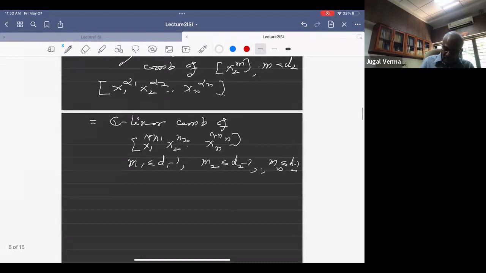So therefore, R mod I is a finite dimensional complex vector space. So the dimension of R mod I as a complex vector space is finite. In fact, it is less than or equal to d1 times d2 and so on, since m1 varies over d1 non-negative integers, m2 varies over d2 non-negative integers, and so on.